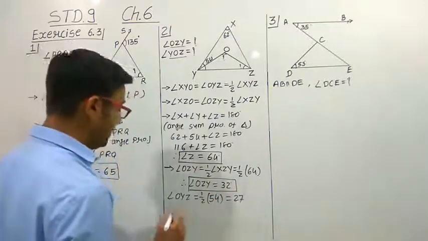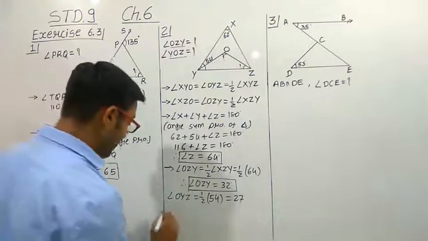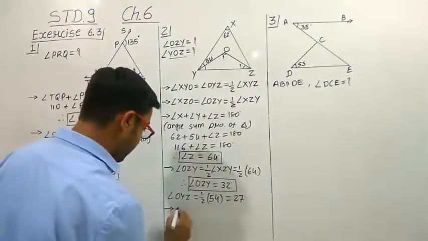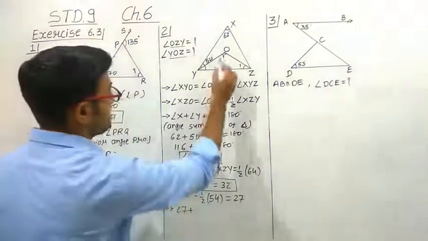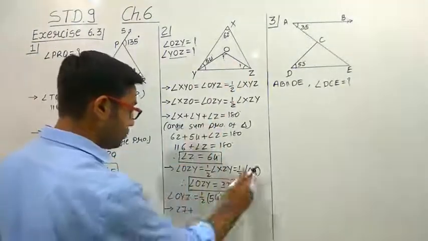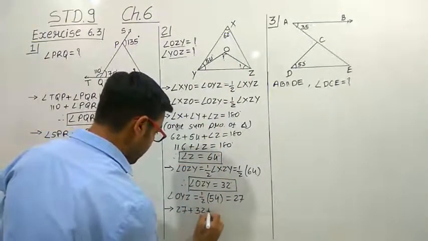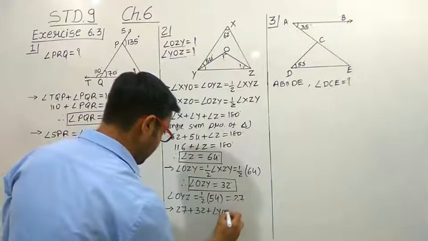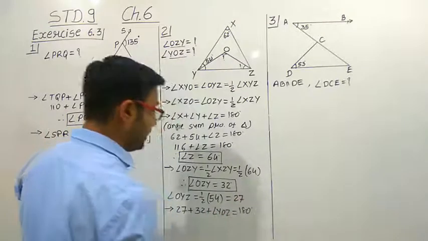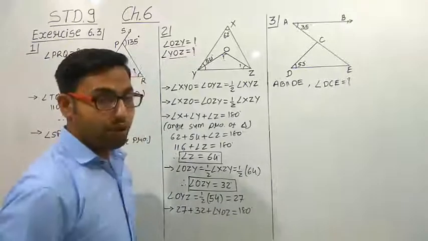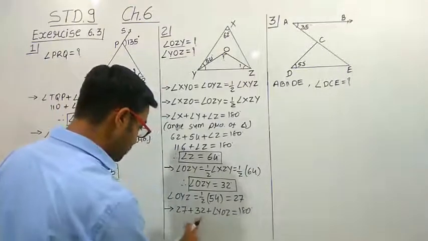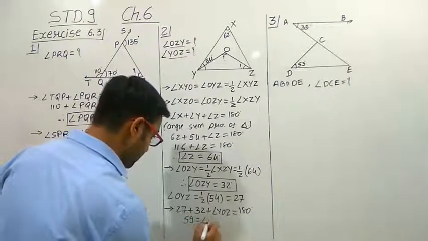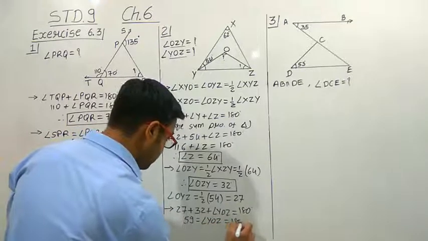So here also we can apply the angle sum property of the triangle. The first angle OYZ that we found is 27, plus the second angle OZY, which we found is 32. The remaining is angle YOZ, and the total will be 180 degrees according to the angle sum property of triangle. Now the addition of these two is 7 plus 2 is 9, 3 plus 2 is 5, so 59 plus angle YOZ is equal to 180.